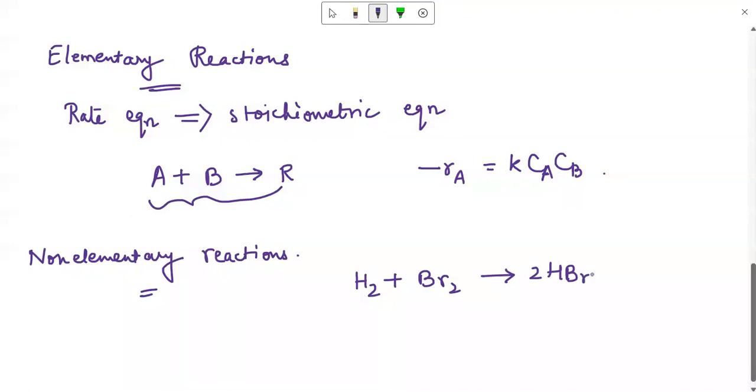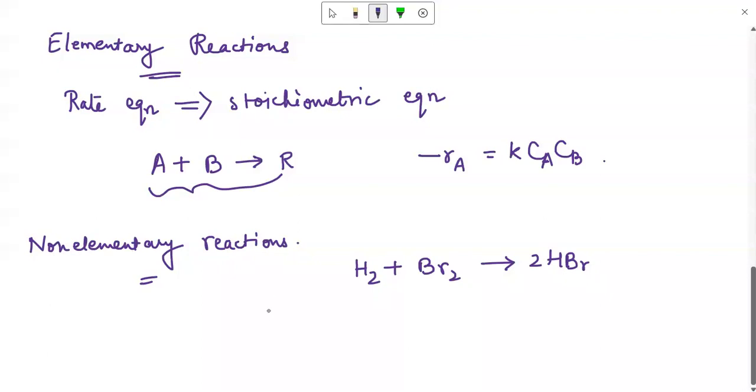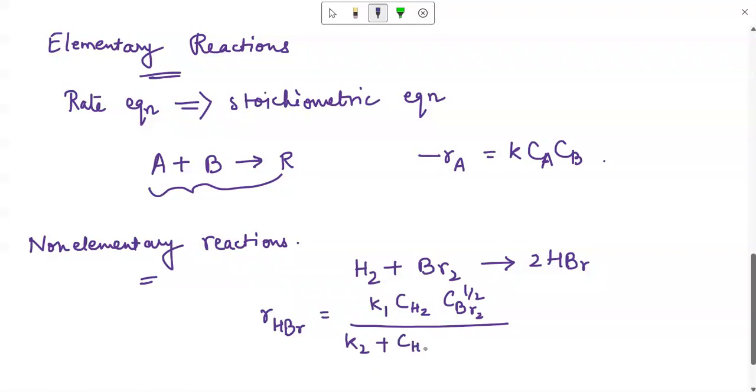But when we want to write its rate equation in terms of the product, RHBr, then it is written as k1 CH2 CBr2 to the power half, divided by k2 plus CHBr by CBr2.